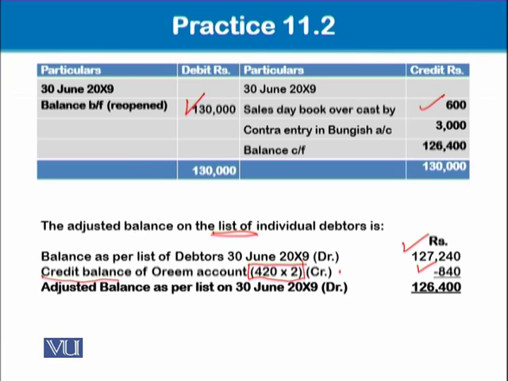Once we do 420, it will cancel the wrong debit effect that we did, and once again we put 420. Total 840 will be subtracted from this, because this 127,240 is originally a debit balance. When we give the effect of credit, it will be subtracted from this balance. So we will get 126,400.